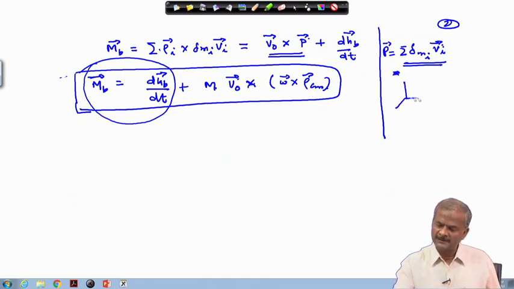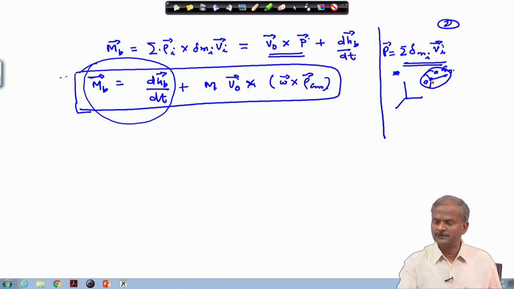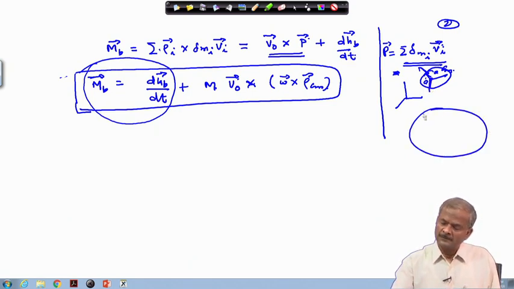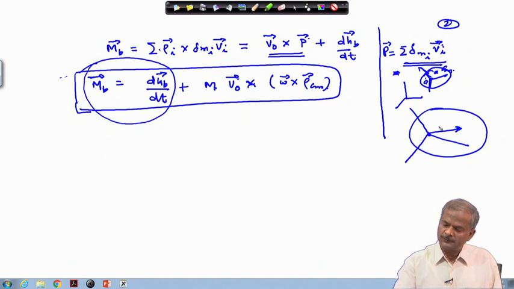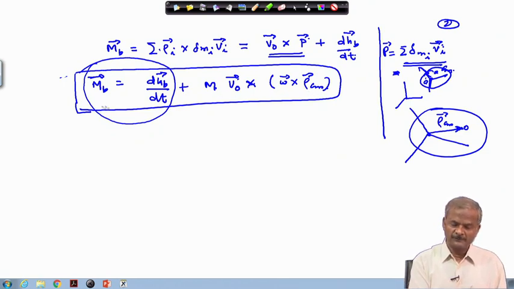So, that implies that if I have the inertial frame and there is the body frame, and if point O itself coincides with the center of mass, let us say this point is the center of mass, and here this point is your origin of the body frame, and this is rho_cm. If rho_cm is 0, then this term drops out and this is what you get exactly.